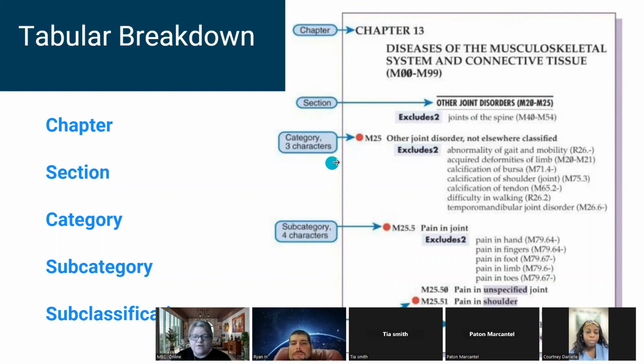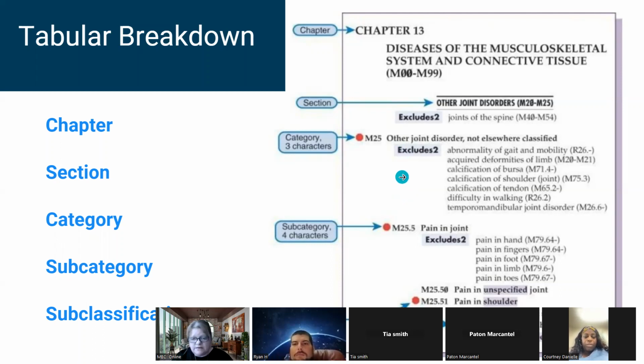And then you have your category, M25, and in this particular one, M25 starts your first category, and then anything that has a decimal place behind that is going to be in your subcategory, and that's going to be indented down, right? Because it's M25.5. M26 might be something else. That's a different category, okay?